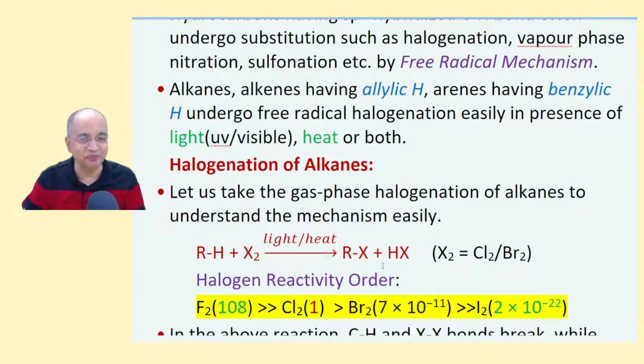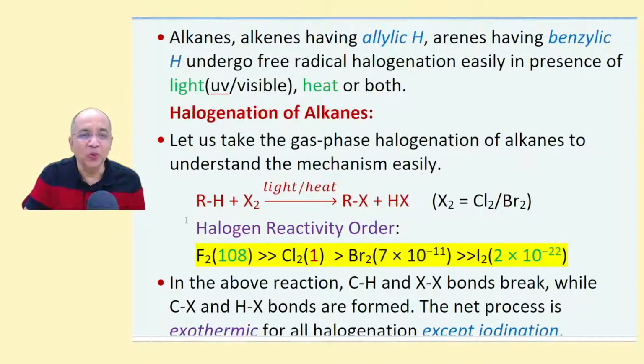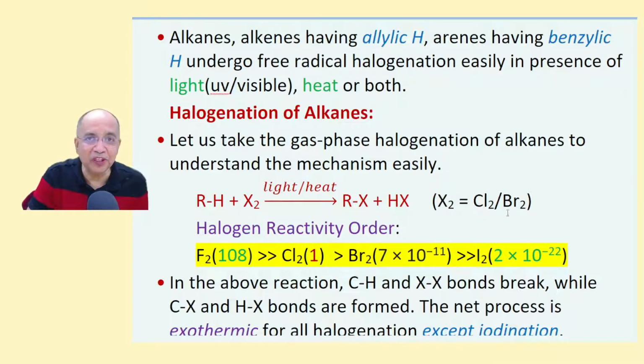Hold on. Now, in a simplified way, we can say that in gas phase halogenation, alkane and halogen, that halogen should be either chlorine or bromine. I'll tell you why we forget about fluorine and iodine. Hold on.